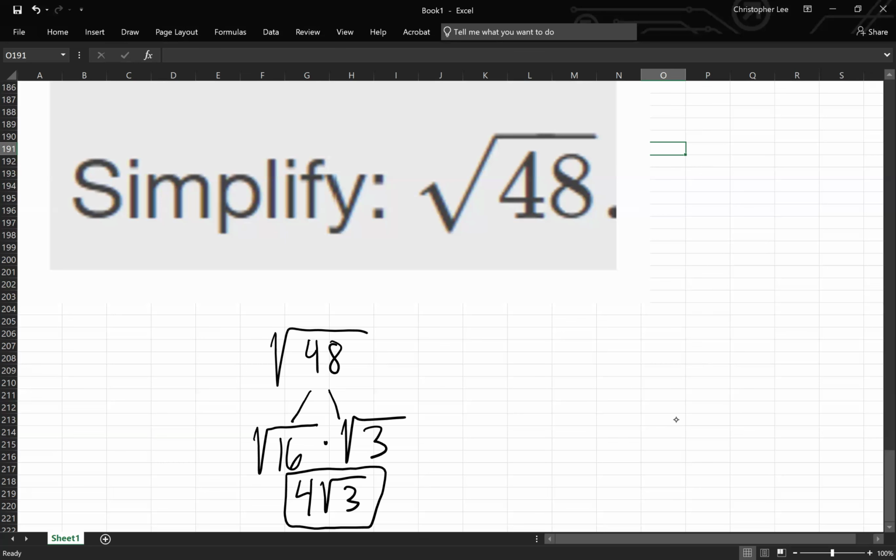If you don't have that feature, just go through your perfect squares. So start off from the beginning. You have 1, 4, 9, 16, 25, 36, 49. Now you stop at 49 because 49 is bigger than 48.